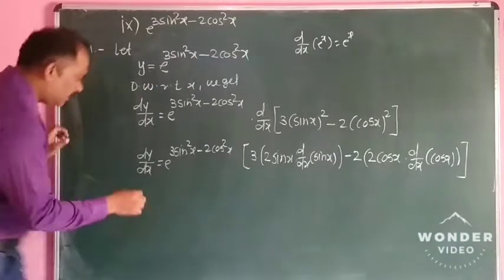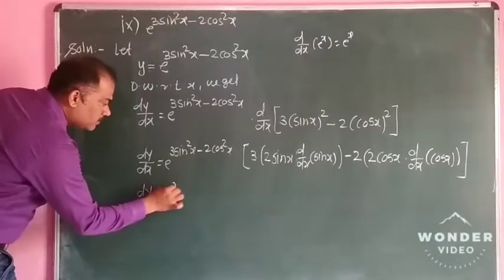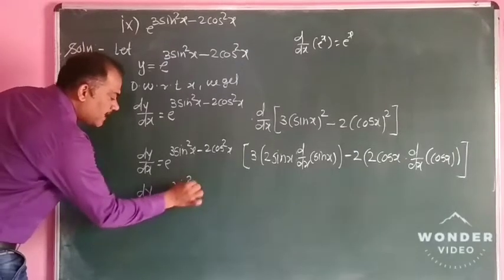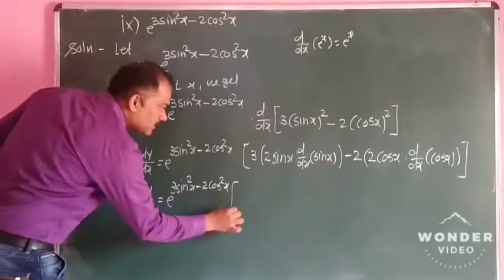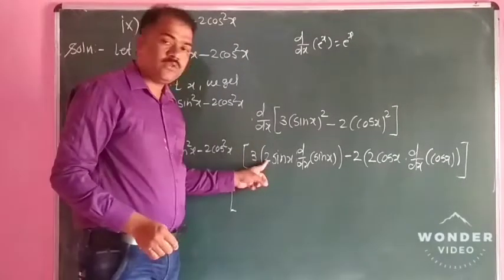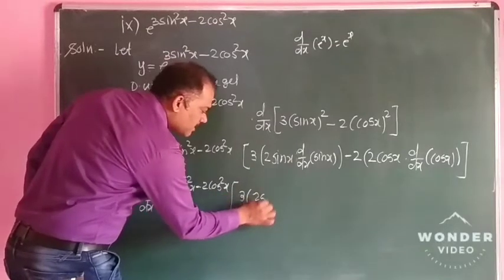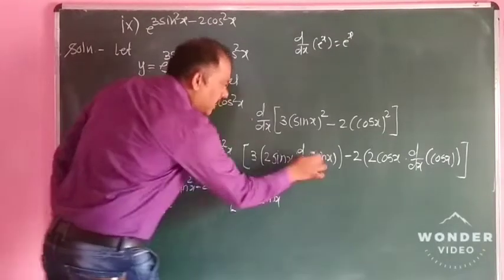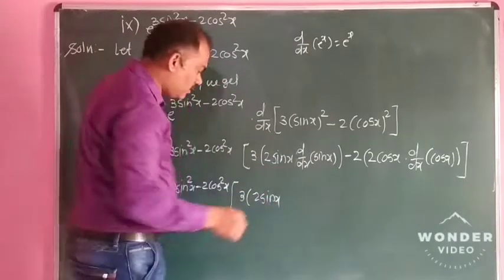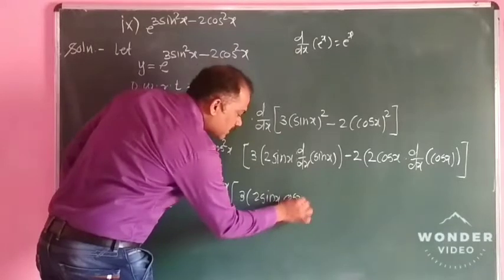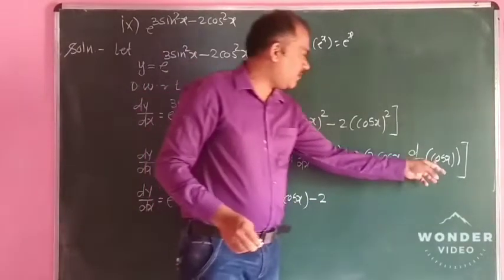Okay, that is nothing but dy by dx is equal to e raised to 3 times sin square x minus 2 times cos square x, into 3 into 2 is nothing but 6, or we can write 3 into 2 times sin x, now into d dx of sin x. The derivative of sin x is nothing but cos x, that is into cos x, minus 2 times, what is the derivative of cos x?